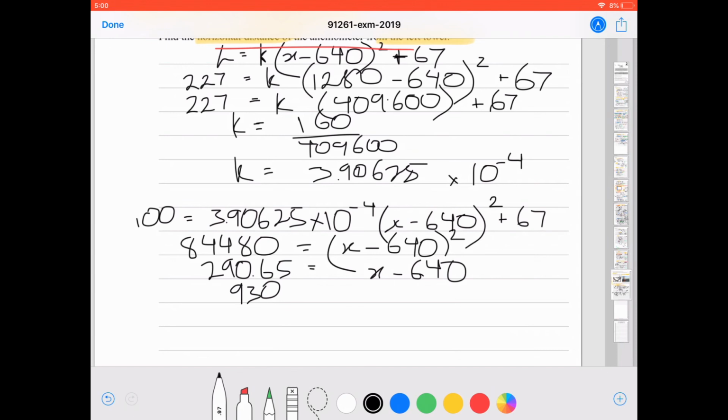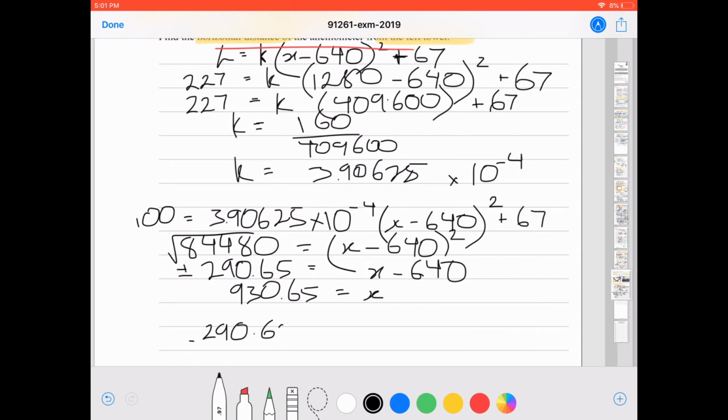Now the marking schedule mentions another value, 349, and I think they get that from when we took the square root, and I missed this, square root of 84,480, you get a plus or minus 290, right? So we just worked with the positive 290. What about minus 290.65 plus 640?